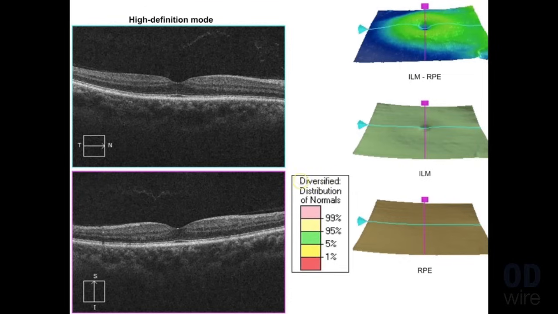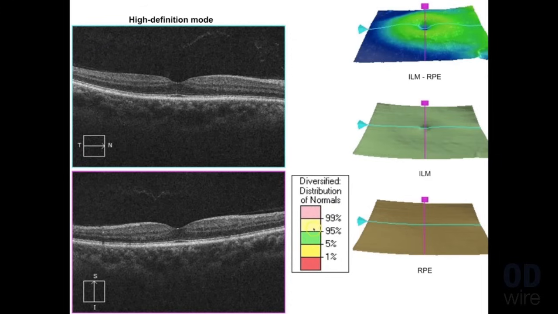Meanwhile, you've got here this very important colorimetric band, which is labeled as the diversified distribution of normals. This distribution of normals is a statistical analysis, and anybody whose retinal thickness falls within the range of a 5 to 95% standard bell curve is going to fall within normal limits.